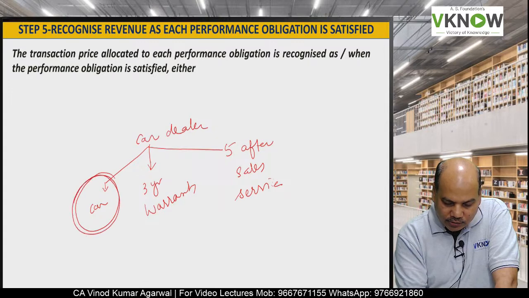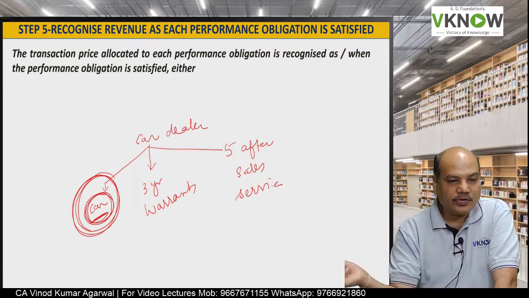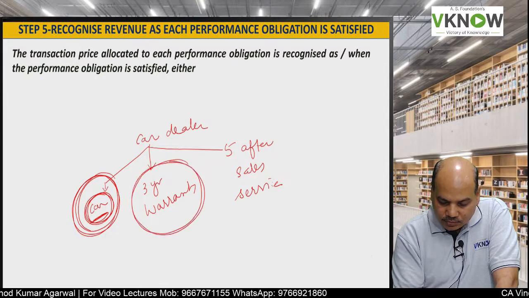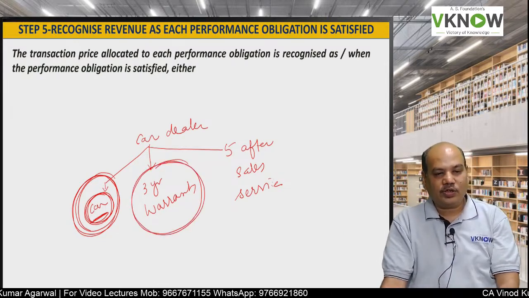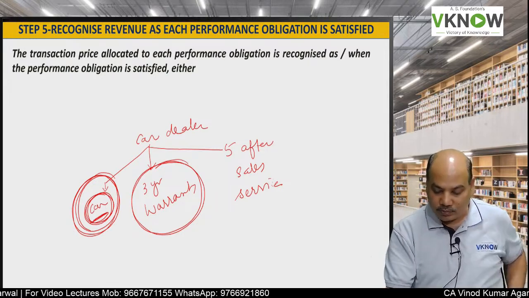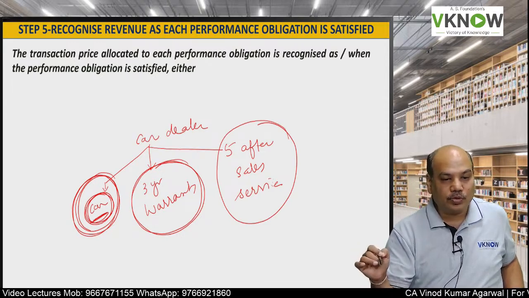You will recognize revenue with respect to the car when the control of the car is transferred to the customer. Every year you will recognize warranty revenue over the 3-year period, and the 5 after sale services you have to provide.